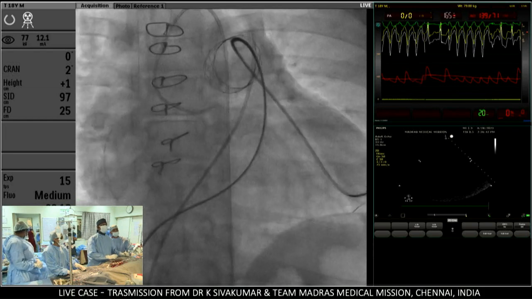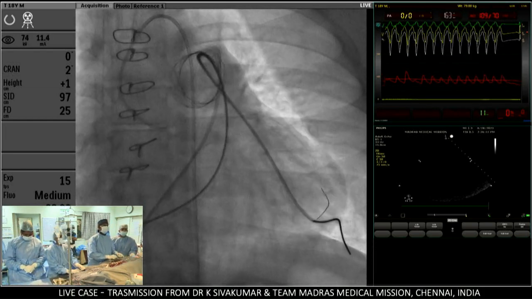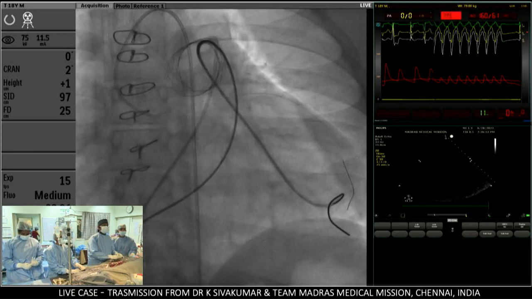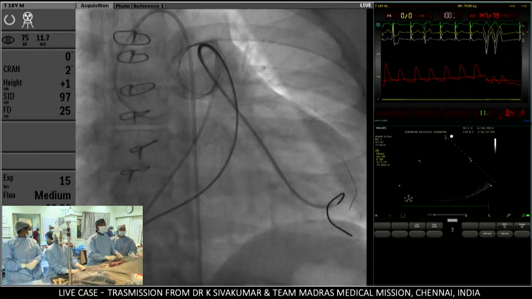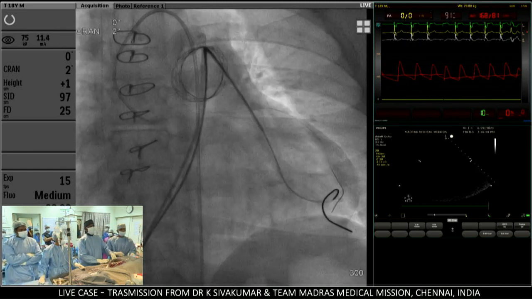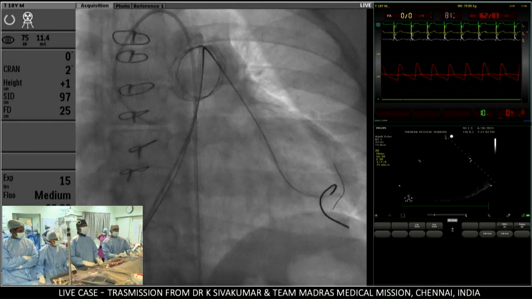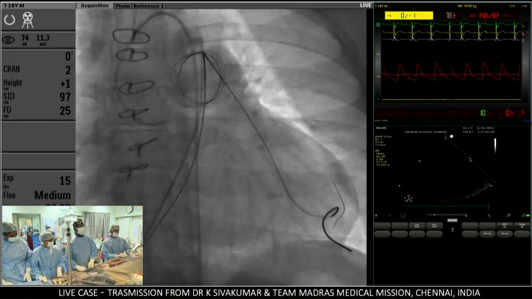Show the wire position. Shiva, there is a VT. It's my catheter touching, causing the VT. Okay. You see that the valve is not circular.